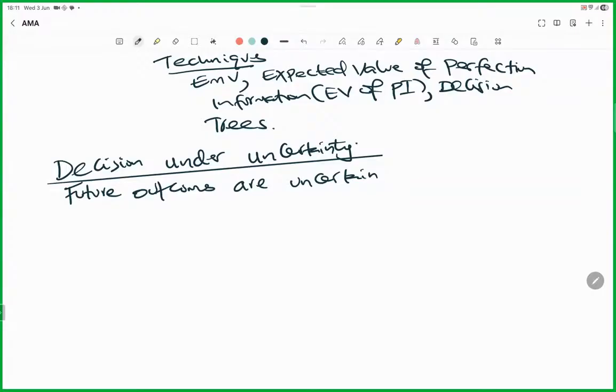And what is not known? Probabilities are unknown. So in this case, future outcomes are unknown or uncertain, and the probabilities are unknown or not given.